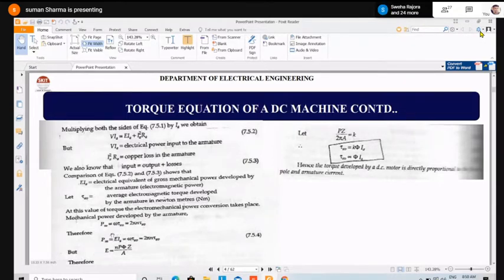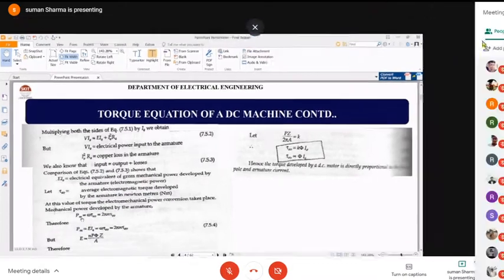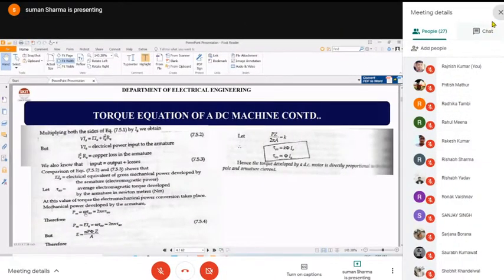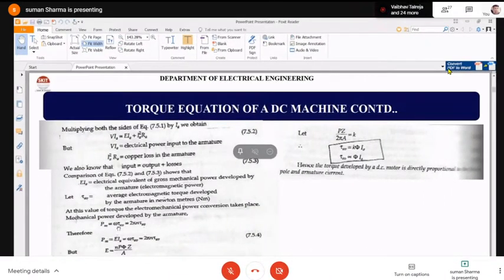So in terms of electrical quantities, mechanical power developed is EB into IA, and in terms of mechanical quantities, it is the power transferred to the shaft, used to drive the mechanical load, which is omega into T average.